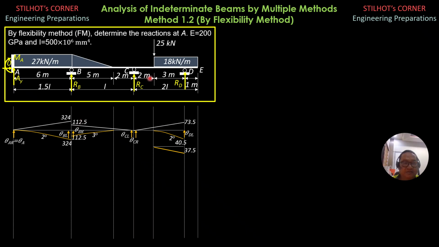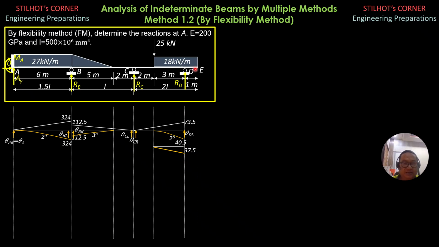Next is at D, due to the loading, 18 times 3 times 1.5 second degree divided by 2 is 40.5, because the moment of inertia is 2. Then 25 times 3 is supposedly 75 divided by EI, which is 2, so 37.5. So 37.5 plus 40.5, that should be 78.